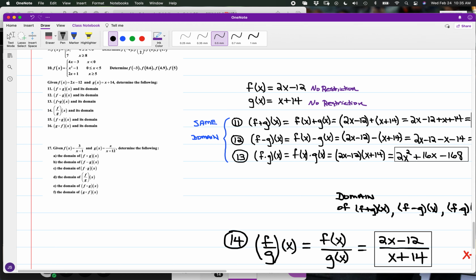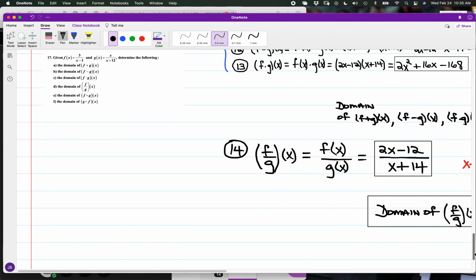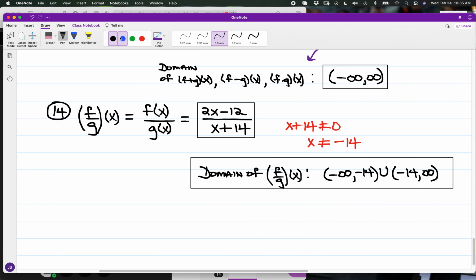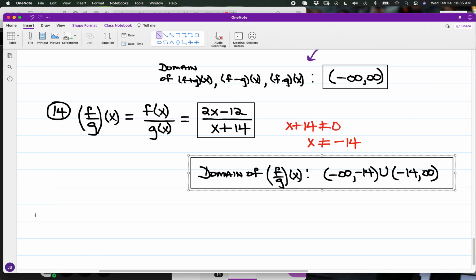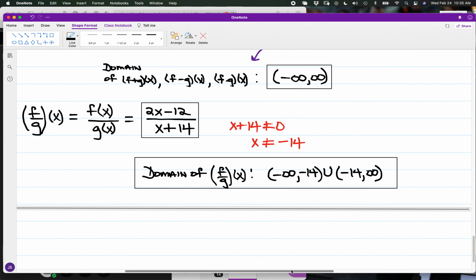And with the quotient function, because you have a fraction involved, you had the restriction that the denominator could not be equal to 0. Now, in the case of the composition of functions, you create a dividing line here, because in the domain, you're sort of hitting the reset button.